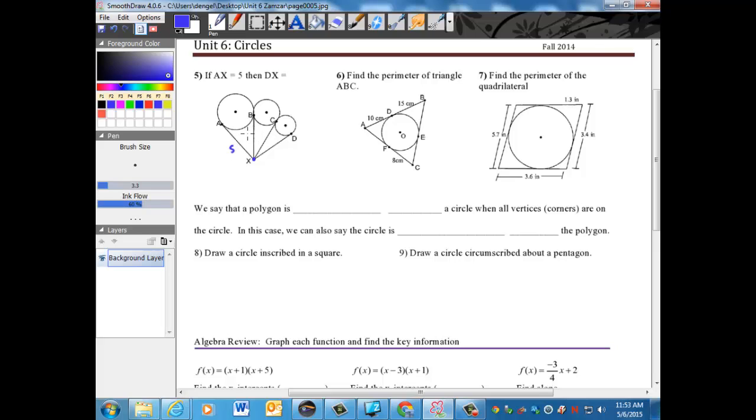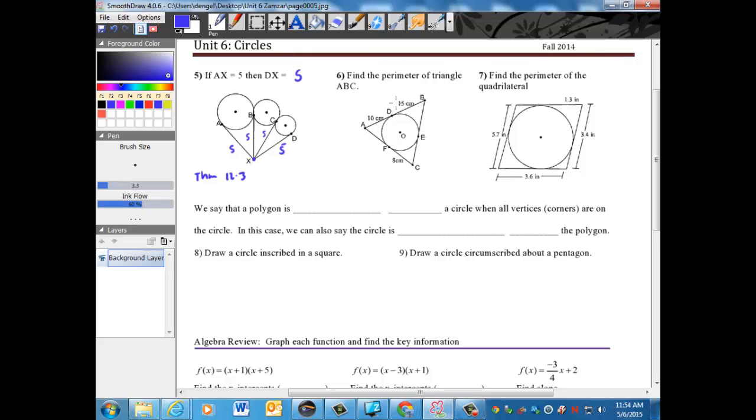So if AX is 5, BX is 5, CX is 5, and DX is 5. And so that was from the theorem on our previous page, which said theorem 12.3, which says that if lines that are tangent start from the same point, their lengths will always be the same. So that's what we have here. We can say that DX is 5.